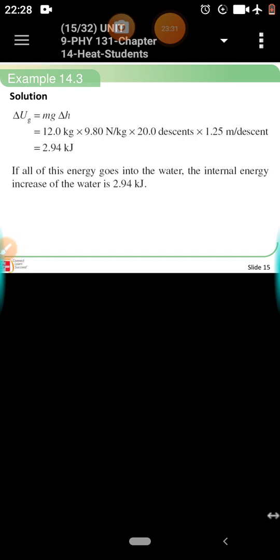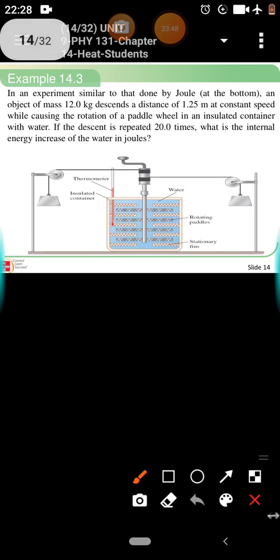So this will be the change in potential energy, where we have mgh. Here the mass descends a distance, and this is the action in the experiment.